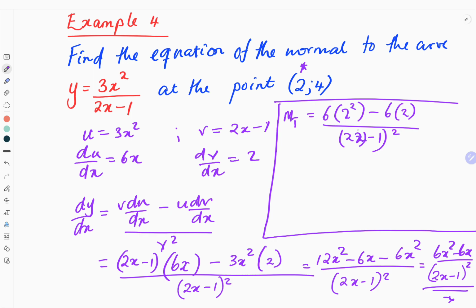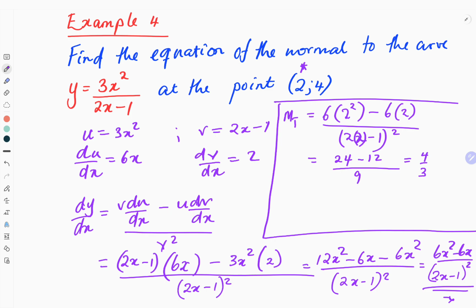Actually, for x here, it's a 2 as well. So that gives us 24 minus 12, divided by 3 squared, that's 9. This will give us 12 over 9, which is actually 4 over 3.